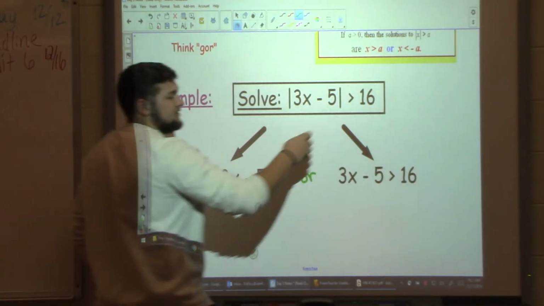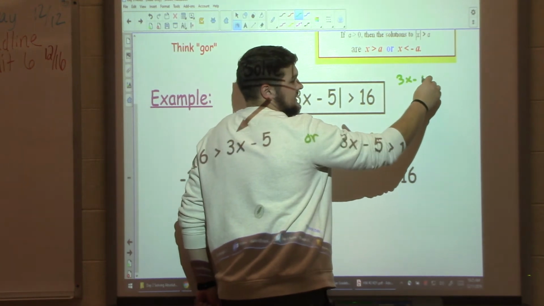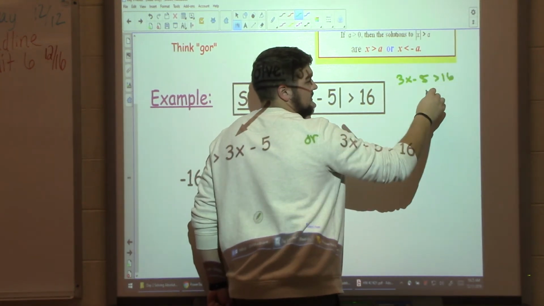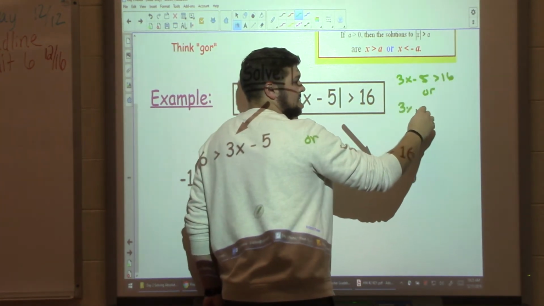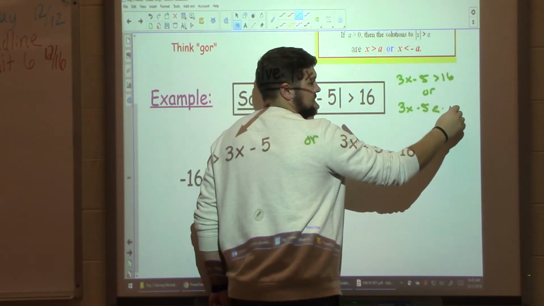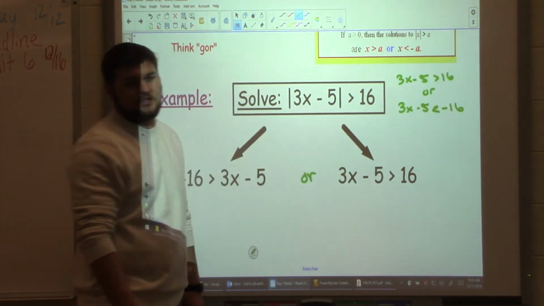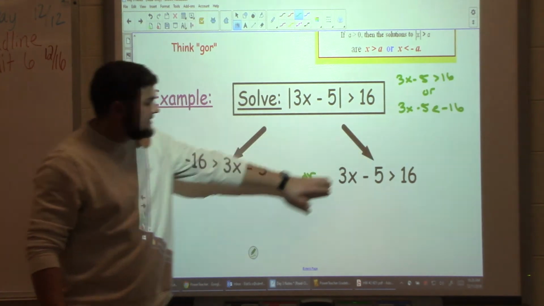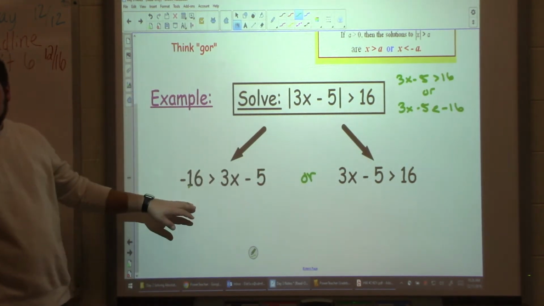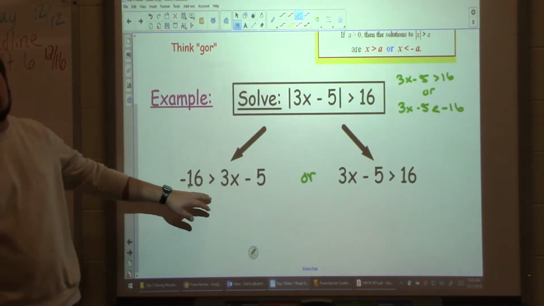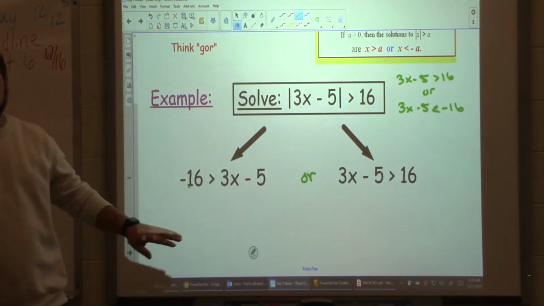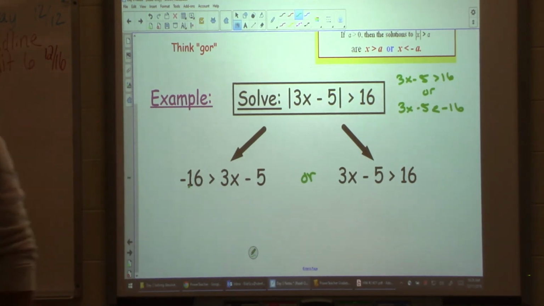If you want, you could also do 3x minus 5 is greater than 16, or 3x minus 5, and switch the sign and make it -16. This means the exact same as this. I like writing it this way though because I get to keep the same sign. The sign doesn't change. I switch it to the other side and I make it -16 instead of +16. And then I'm just solving them like normal.